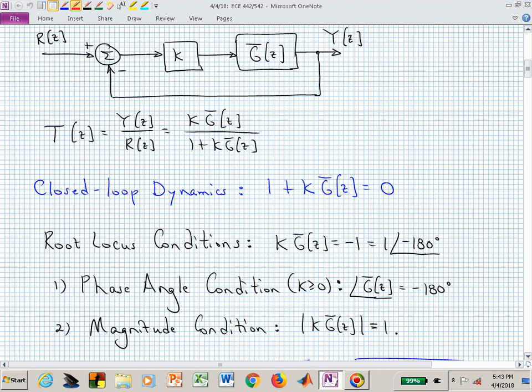And -1 we will actually separate into two pieces. We'll have the magnitude piece. The magnitude has to be 1, and the angle piece, or the phase piece, is -180. Those are our two conditions that all of the root locus diagrams are sketched based on.